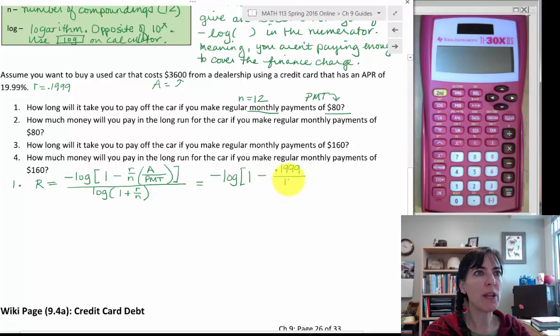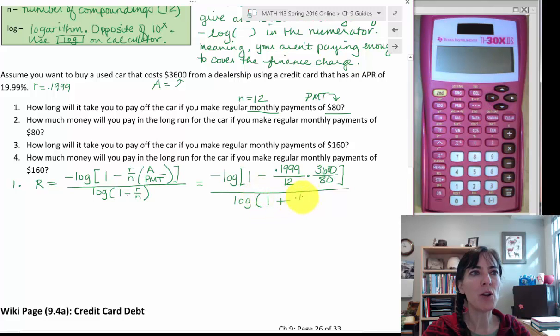From above, my N is 12, my A is 3,600, and my payment is 80. So I'm going to multiply all those together, take 1 minus that quantity, and then take the negative log of it. In the denominator, I'm definitely going to need my store and recall buttons, so we'll get to see how to use those another time.